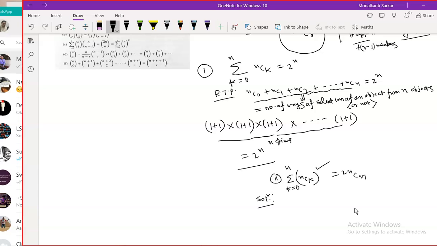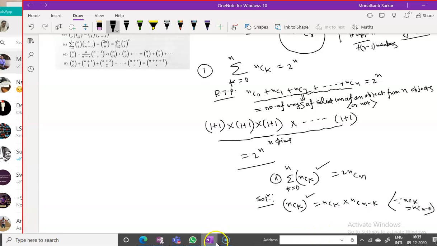Before the addition, let's check one thing. (nCk) whole squared is nCk times nC(n minus k), because nCk and nC(n minus k) are the same thing. We started the class with this identity: nCk equals nC(n minus k). So nCk squared, I can write as nCk into this.